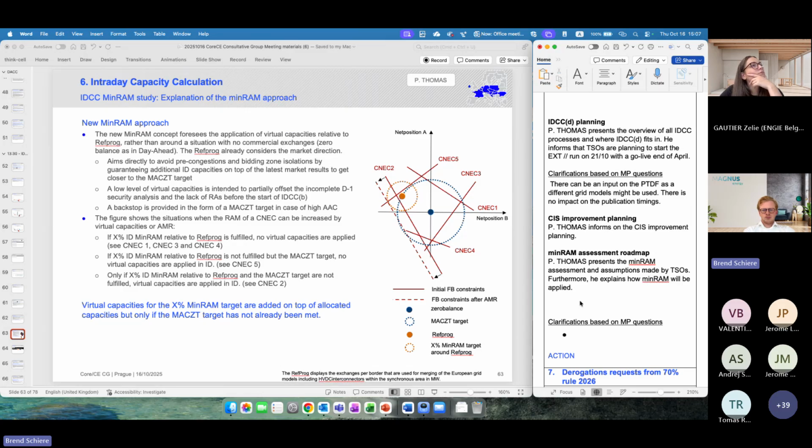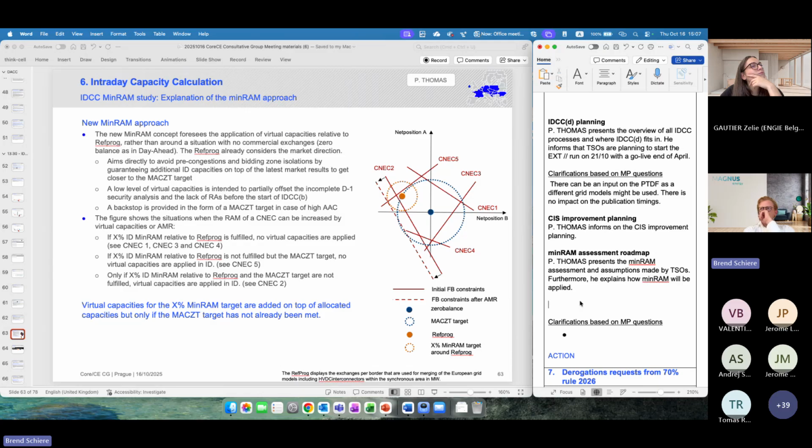There is the flow-based domain. So each red line represents a CNEC. We have the previous market outcome, the RefProg, which is the orange point. And around this orange point, we aim to increase the flow-based domain so that every time we can, the market can allocate 5% for the intraday.